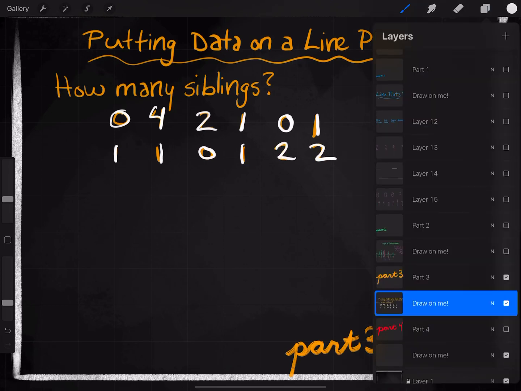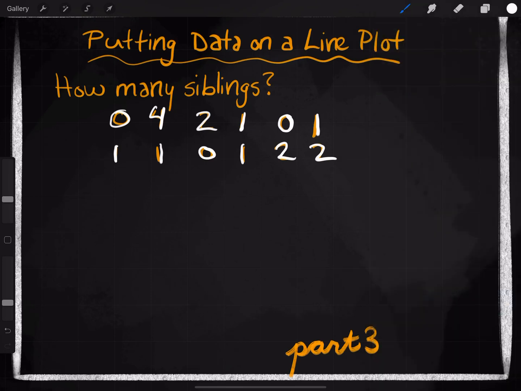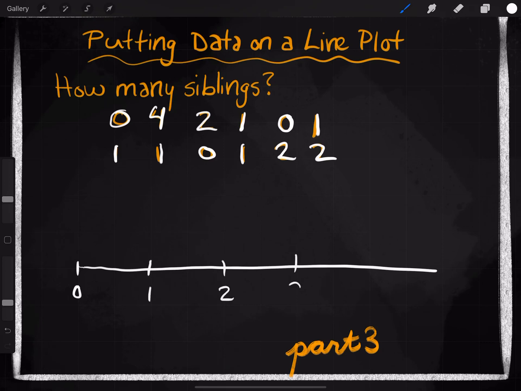And now I want to organize this into a line plot. So we need a number line. Okay, and our lowest number is 0. And then our highest number is 4, so 1, 2, 3, 4. And now I'll just write down the numbers on here.